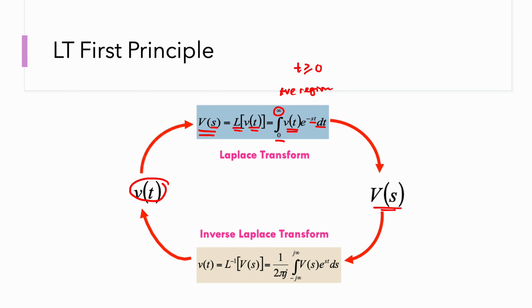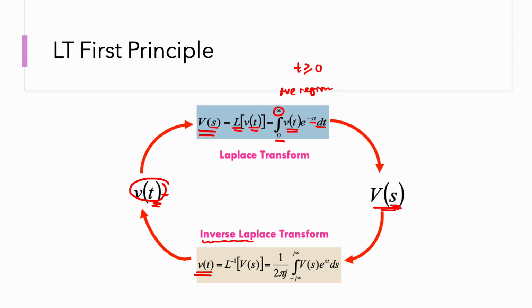Then let's say we want to inverse from the S domain back into the time domain. What we have to do is involve the second principle, which is the inverse of the Laplace transform, so we will obtain the time domain again. How to do that?